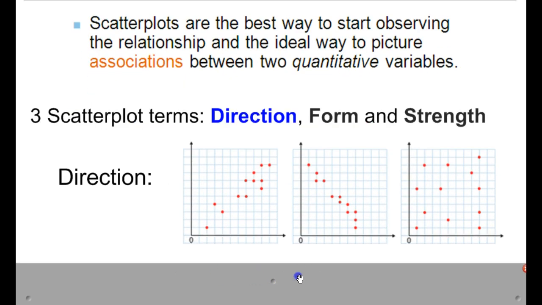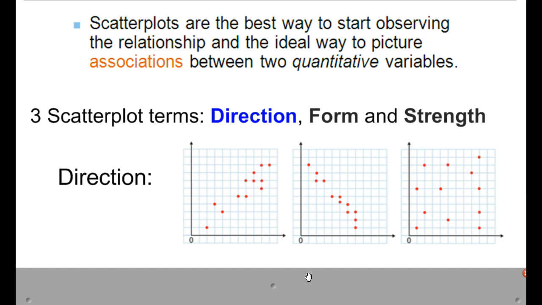And those three things are direction, and there are basically different types of direction here. So I would say that this one has a positive direction, and that just means that as x increases, this is x and this is the y-axis, as x increases, y is increasing.